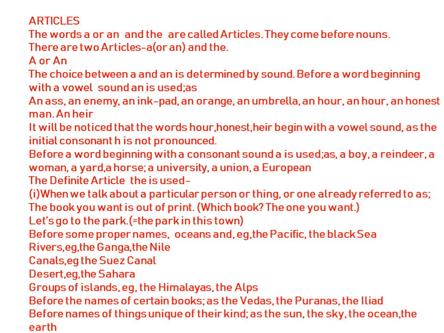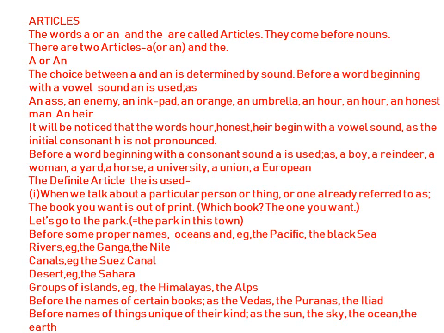Before a word beginning with a consonant sound, a is used. A is used immediately before a word that starts with a consonant sound, not letter. As in the case of vowel sound, here also we have to be careful.